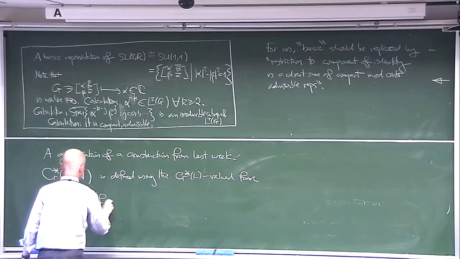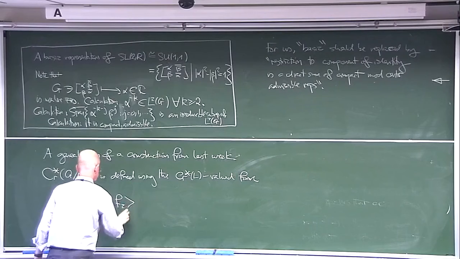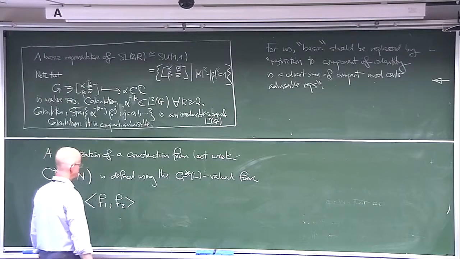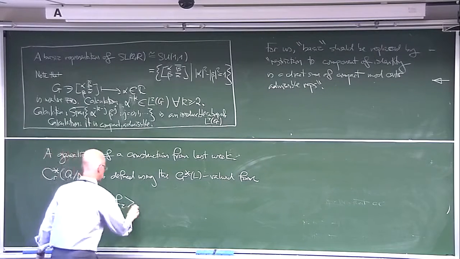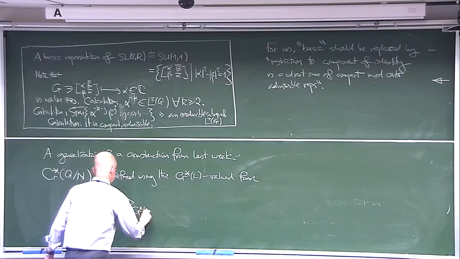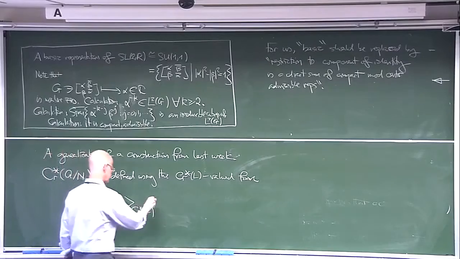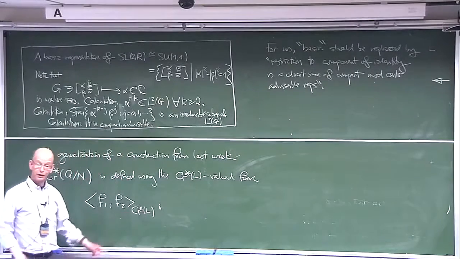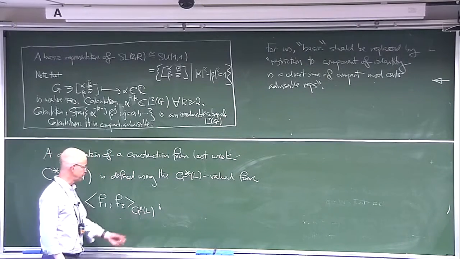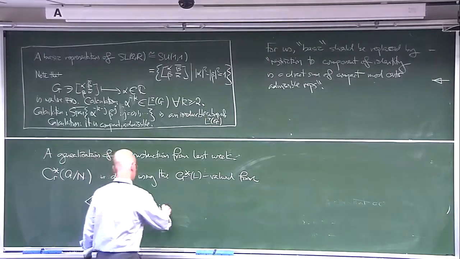If I have two functions on G mod n, scalar functions, then I can build an inner product which is valued not in scalars, but in this C-star algebra. So it's a function on L, or it's something in the algebra that you get from completion of that. And here's what the function is.